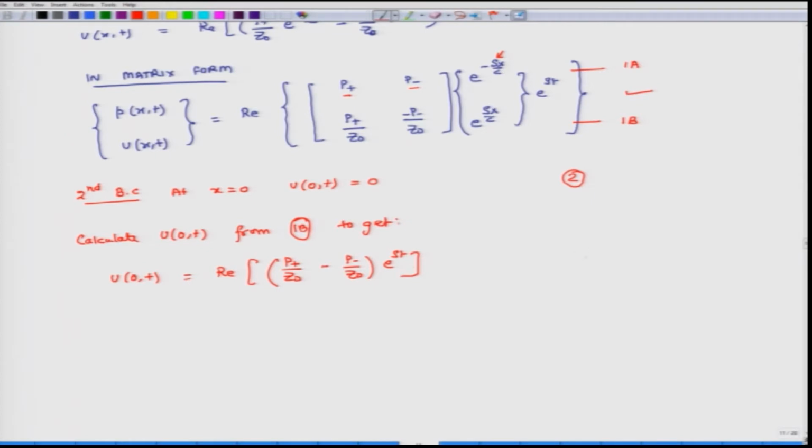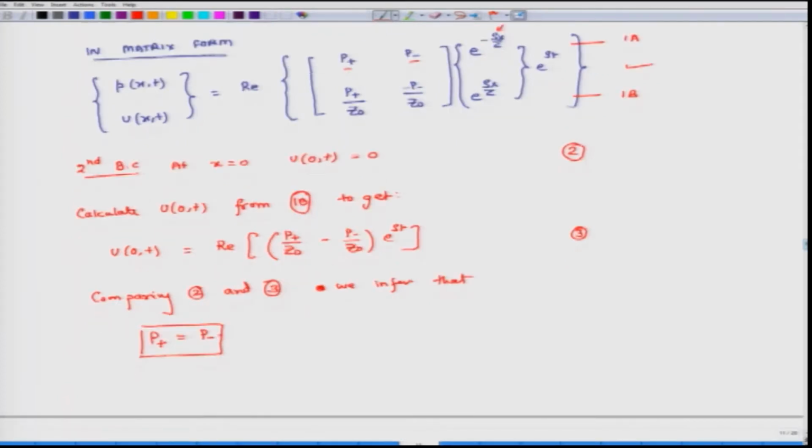So, this is 3. Comparing 2 and 3, we see that the value of u will be 0 only if, we infer, that P plus equals P minus.